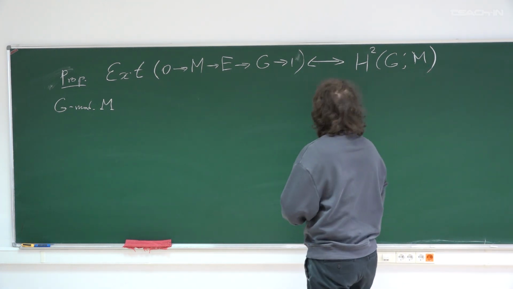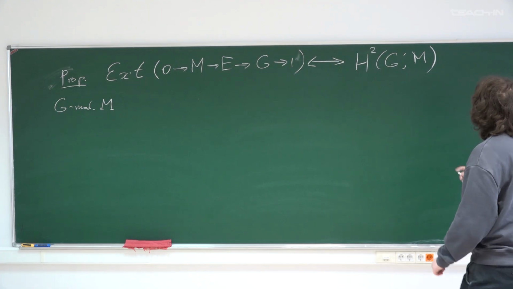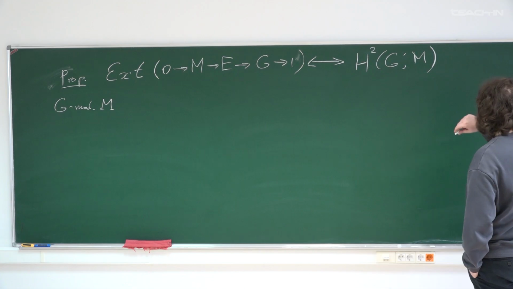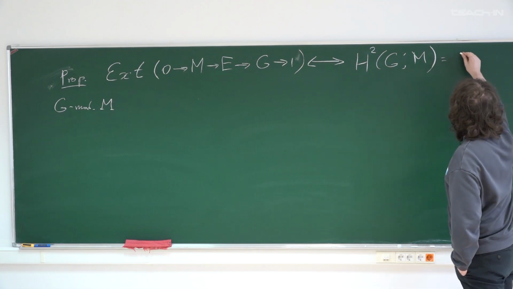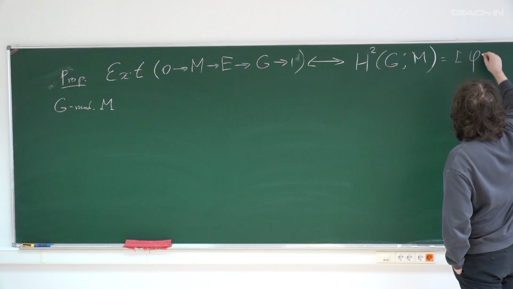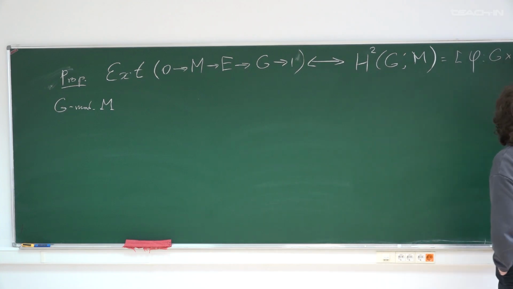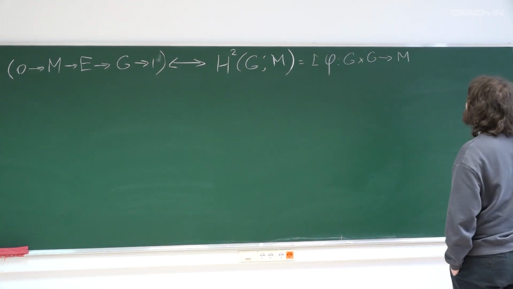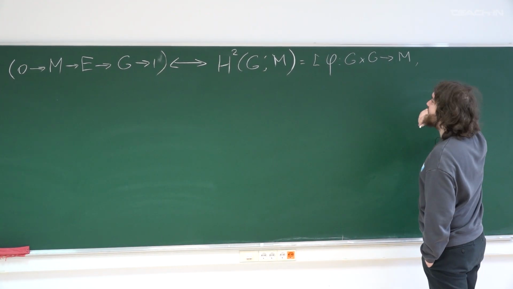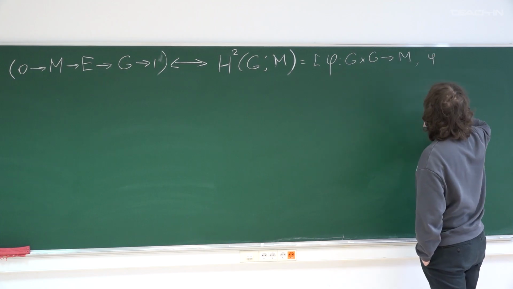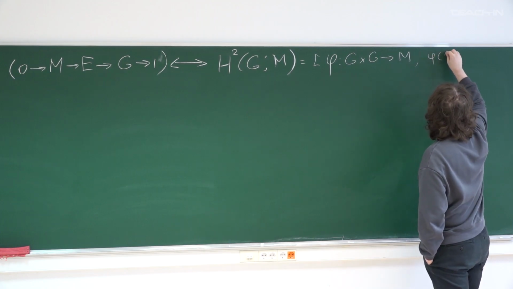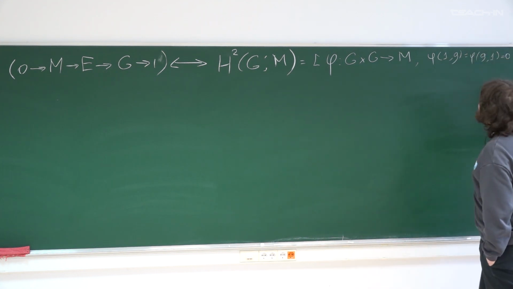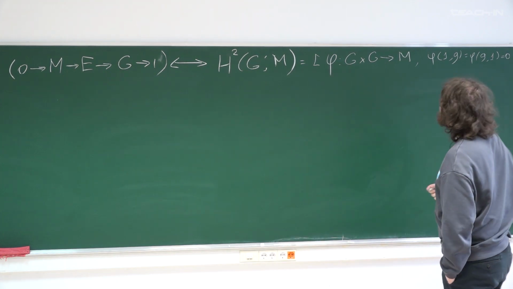How does this bijection work? We can compute second cohomology by the bar resolution, and then second cohomology is classes of functions from G times G to M, maybe reduced functions, with value zero when an argument is the unit, such that they are cocycles.